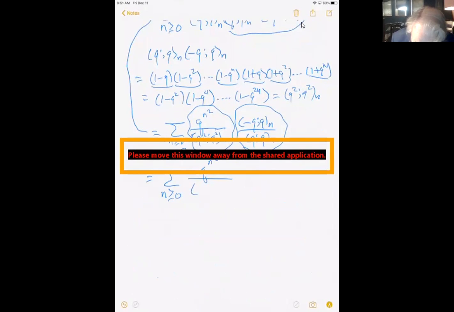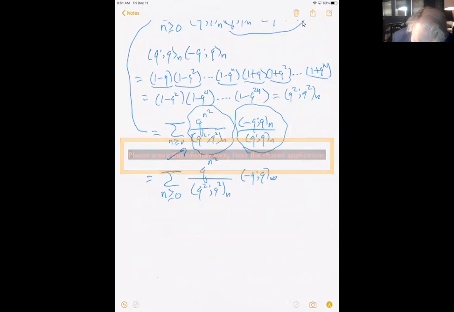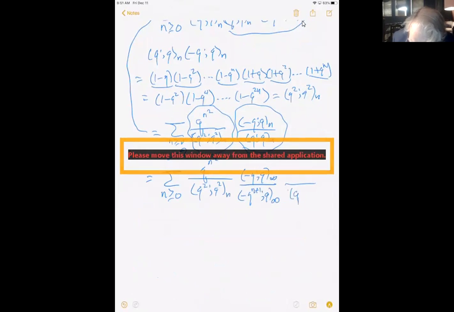You have q squared sub n. Here you have minus q infinity over minus q to the n plus 1 semicolon q infinity in order to get the top thing. And the bottom thing will be just very similar, q infinity and q to the n plus 1 semicolon q infinity.